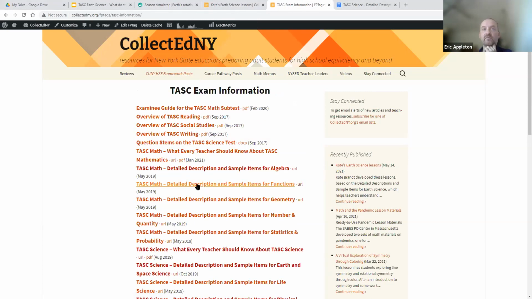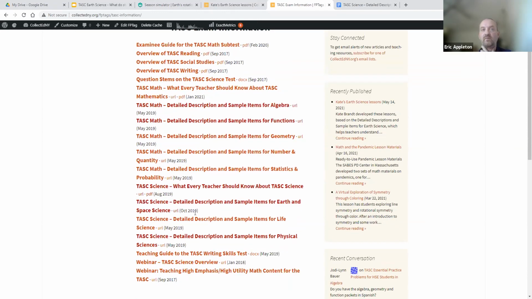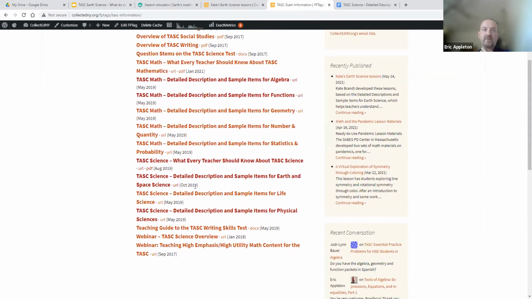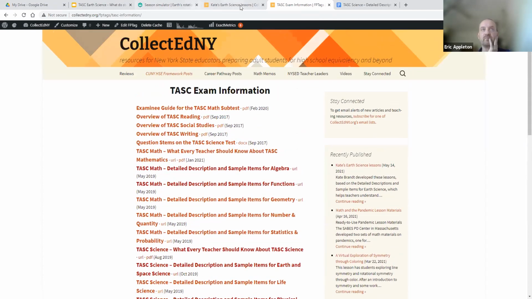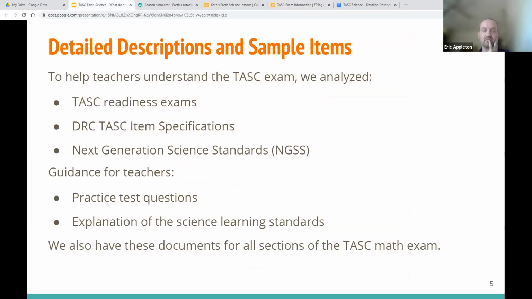We have detailed descriptions for math, and each of these are fairly long Google documents, and then we have them for science as well. And a couple of other documents, like what every teacher should know about TASC math and what every teacher should know about TASC science. But we'll post links later in the session.